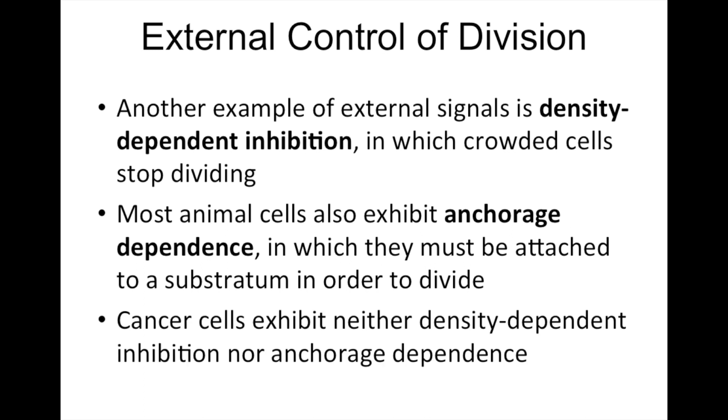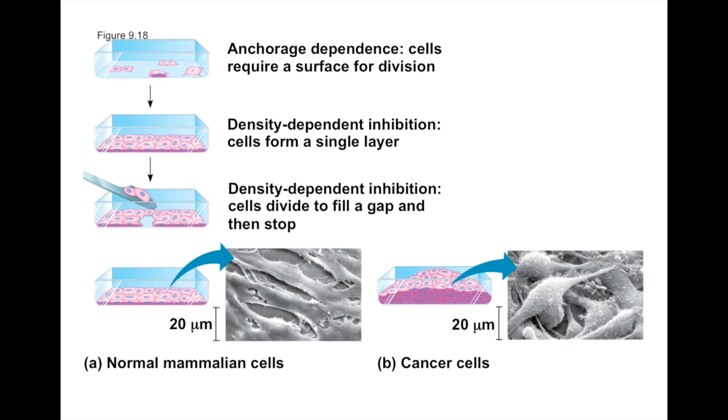What's interesting is cancer cells don't sense either of those external factors. So what should happen is you should have this surface upon which the cell should be attached. It should be sensing what's happening around it and form a single layer, and make new divisions to fill in any gaps.